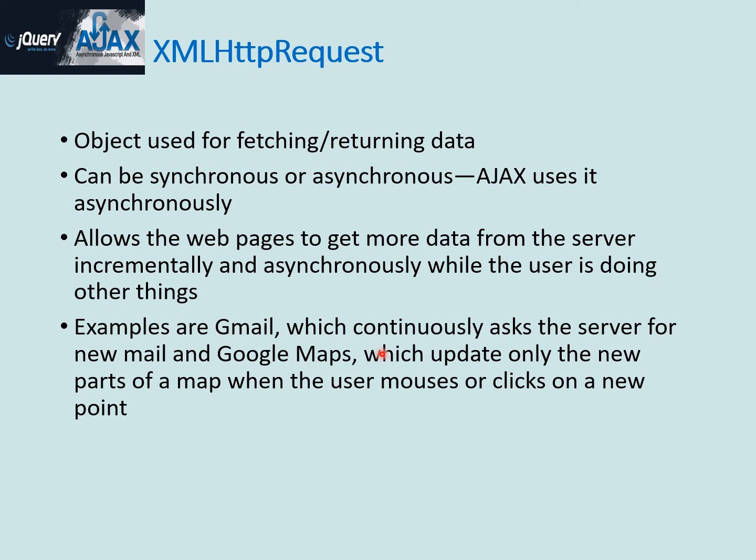Gmail is continuously looking for new emails, and Google Maps always makes updates about new parts of the map while the user clicks or mouses over a particular point. These are the best examples for the usage of Ajax.